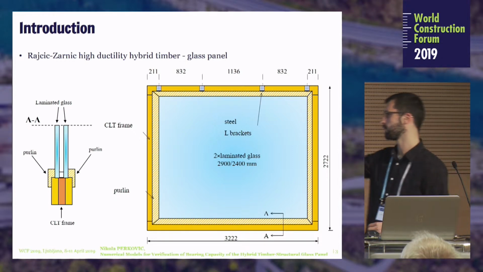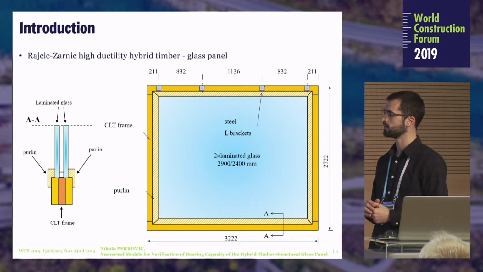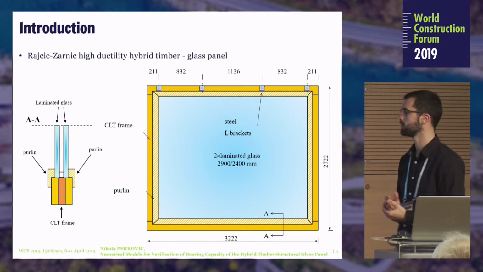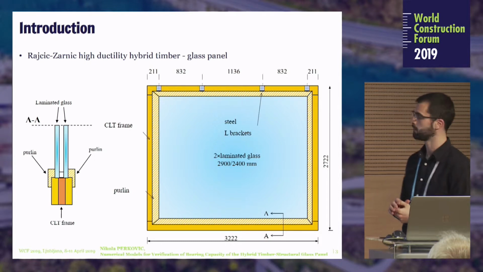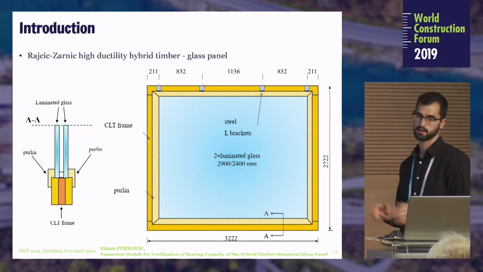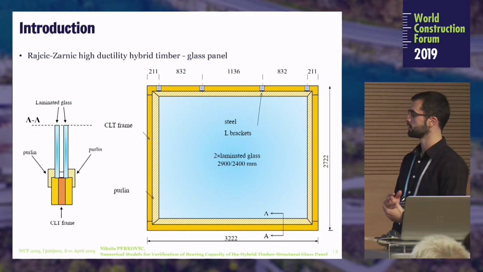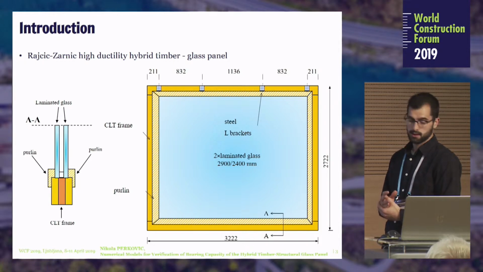It consists of a laminated glass element surrounded by a CLT frame. As you may have heard before, the CLT element is cross-laminated timber that has better mechanical characteristics than usual timber. The dimensions you can see here in the picture.